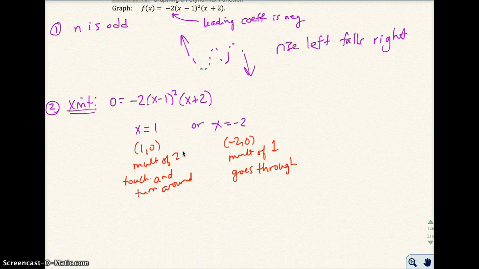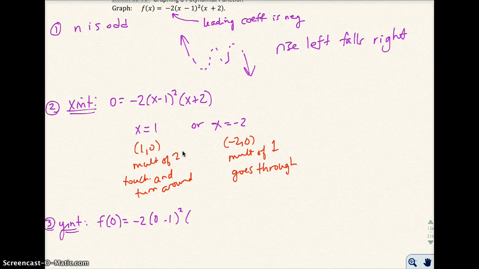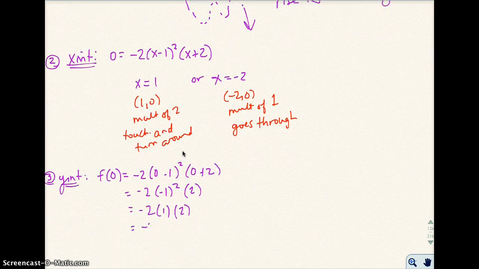Then we're going to find the y-intercept. Plug in 0 for x. I get negative 2 times negative 1 squared times 2, which is negative 2 times 1 times 2, which gives me negative 4. I get 0, negative 4, my y-intercept.